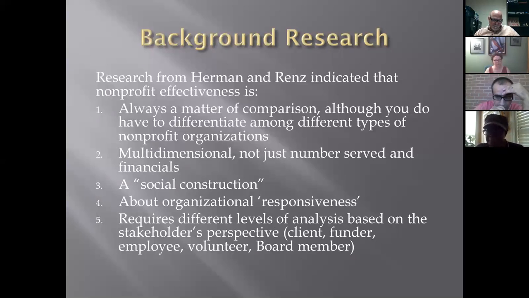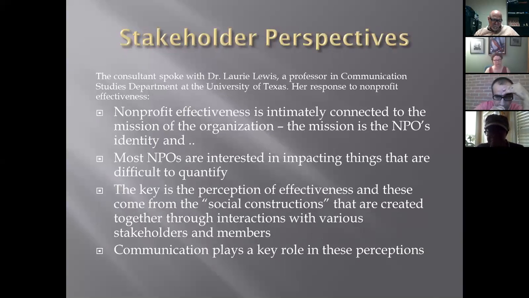So there's a different perspective. A client has a different perspective of what's an effective nonprofit or effective service than a funder does, than an employee does, than a volunteer does, or even a board member might have a very different perspective of what's effective and what's not.